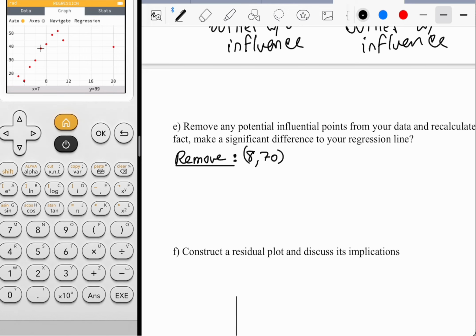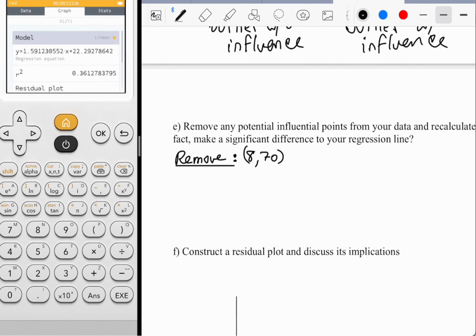So then I'm going to go to, it's not going to automatically recompute the regression. So you go back in, regression, linear, plots the line, go back in, a lot of keystrokes, but now I have y hat is equal to 22.293 plus 1.591x.